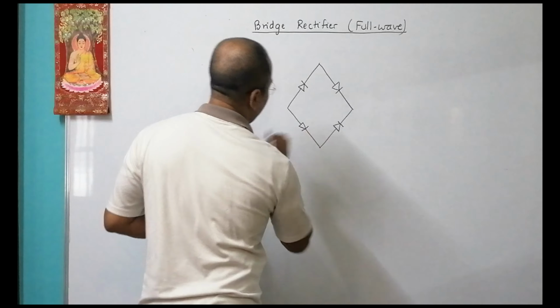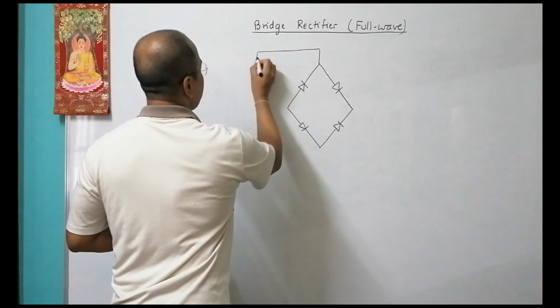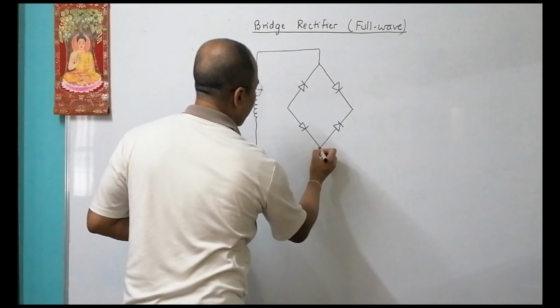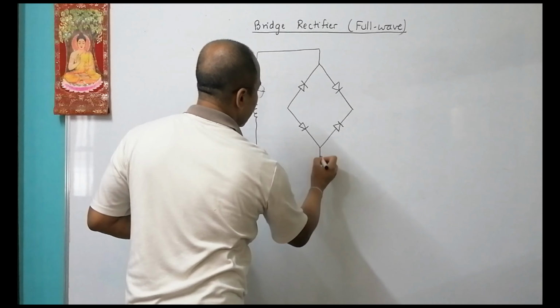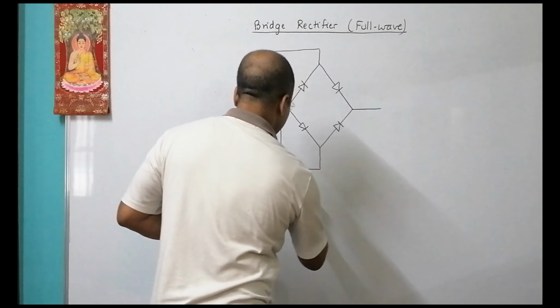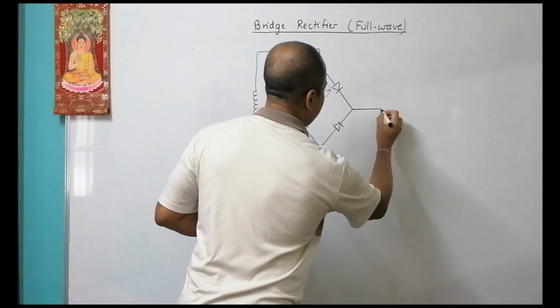Diode. Then we have got the source here. Source means it is the secondary coil of a certain transformer, and from here it comes like this, then like this.